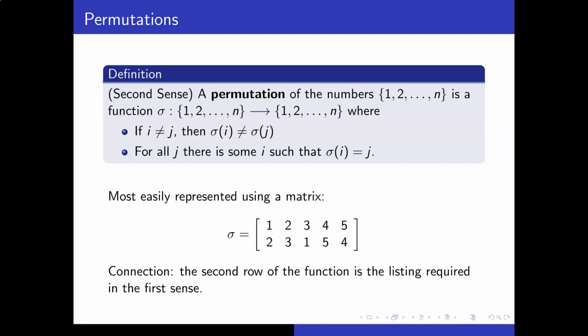So the connection between our first sense and our second sense: this second row is just a relisting of the numbers 1 through n, where again, no number is repeated and every number appears in the list. So the two ideas are basically the same.